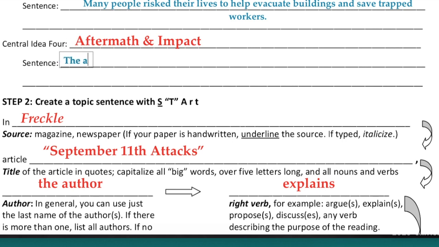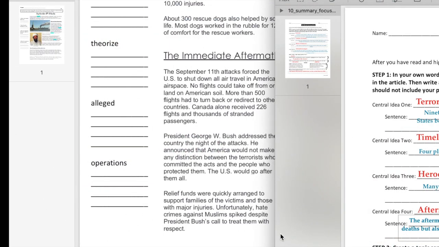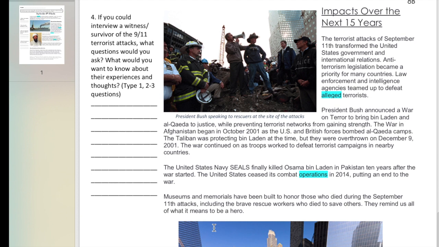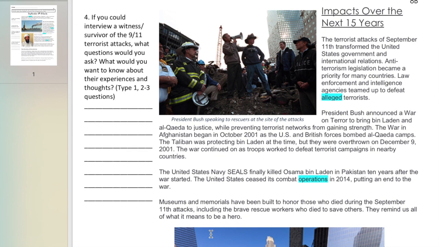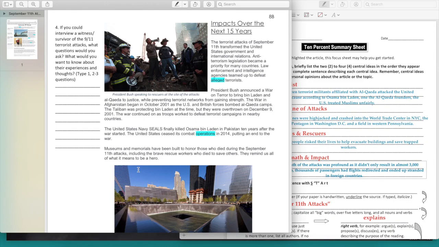The aftermath, which is about what happened over the next 15 years. If you look again at this paragraph, you'll see that the terrorist attacks of September 11th transformed the U.S. government and relations abroad. President Bush announced a war on terror. Navy SEALs finally killed Osama bin Laden 10 years later during the Obama administration, and the United States finally stopped and ceased its combat operations in 2014.